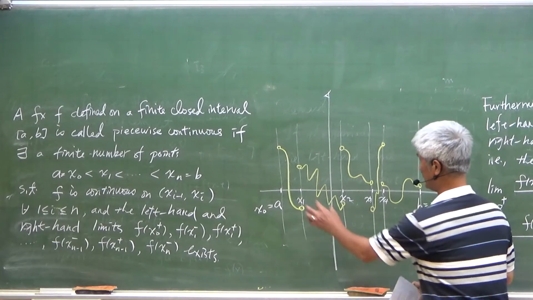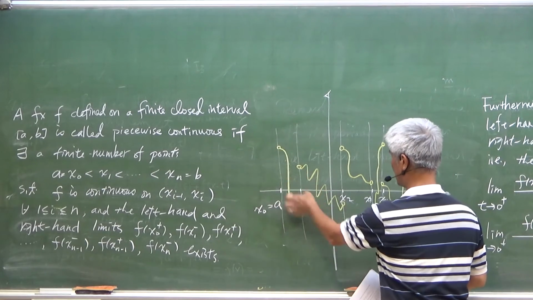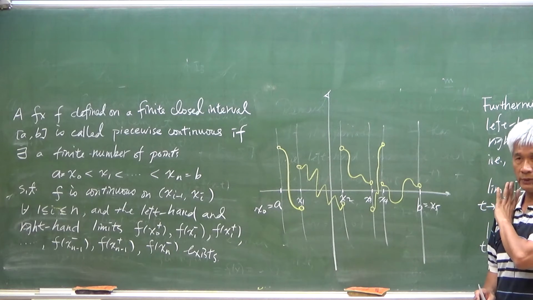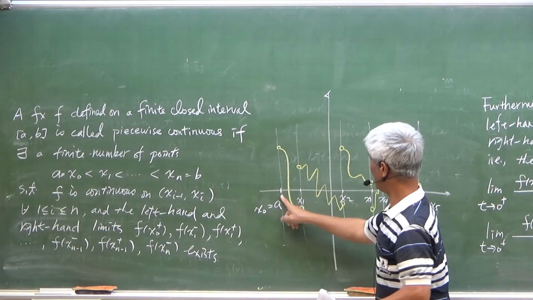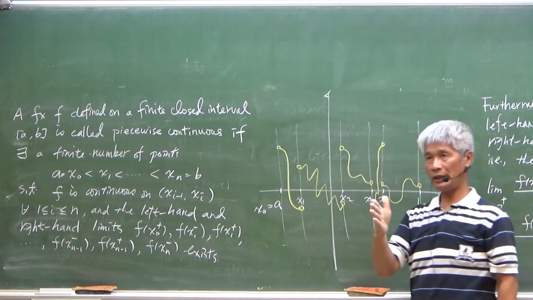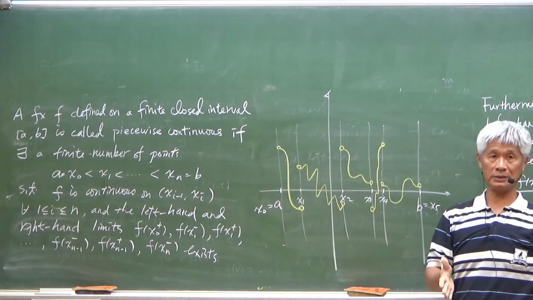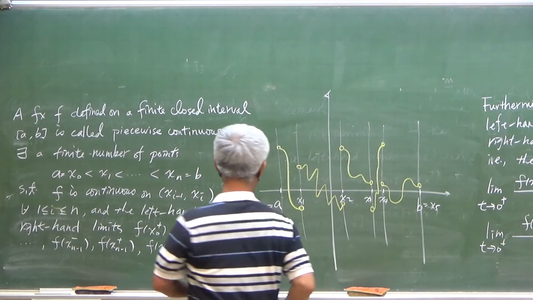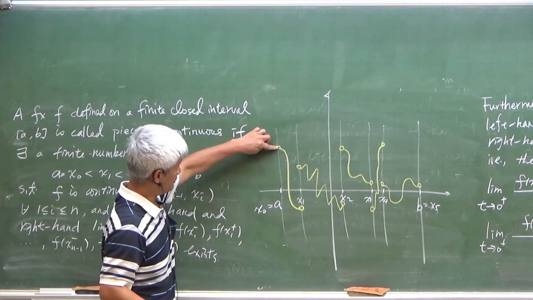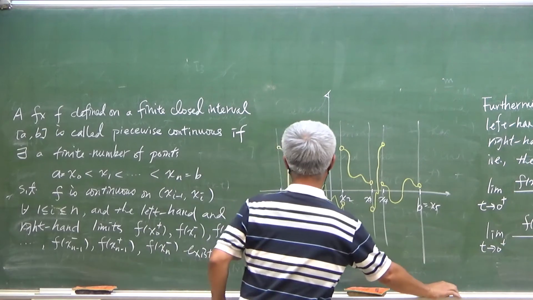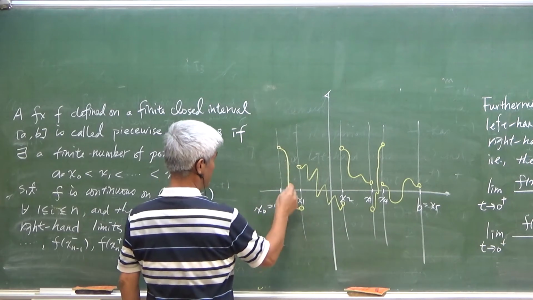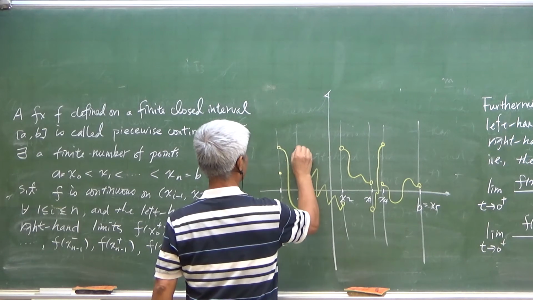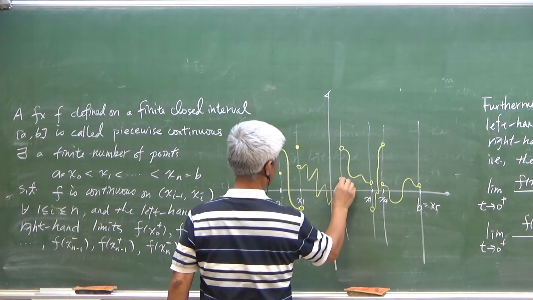In each open interval, the function is continuous. You see, they are continuous. But at the points, they have left-hand as well as right-hand limits. Here the right-hand limit is equal to this value. And it doesn't matter what the value is at this point.